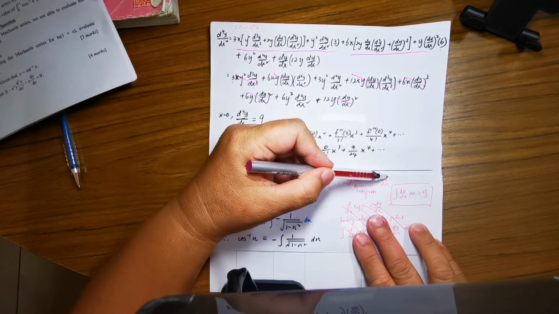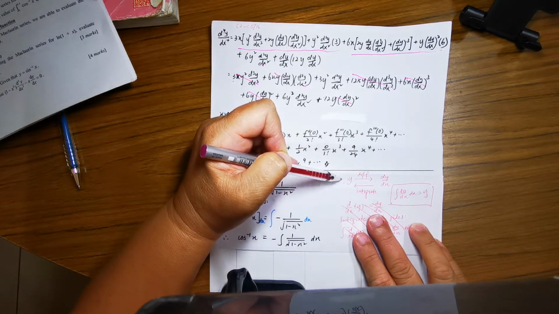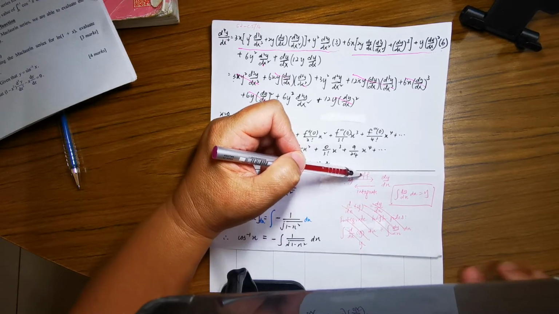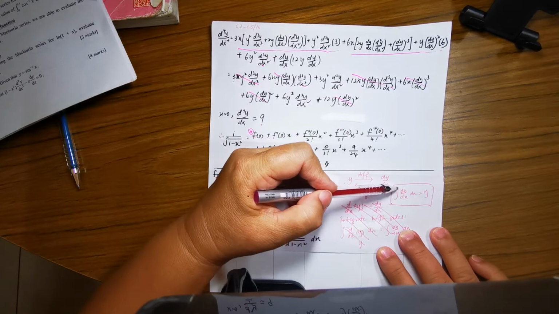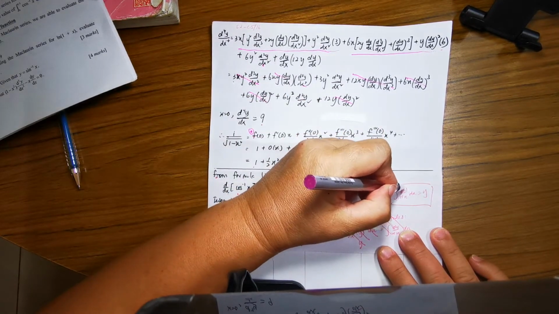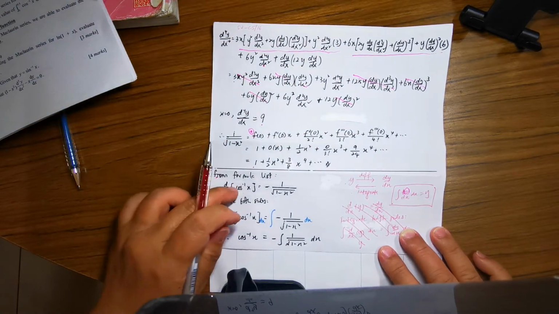So when you integrate dy dx, you will get back your y. This is a concept. As we say, integration actually is the reverse of differentiation. So we are using this concept here.